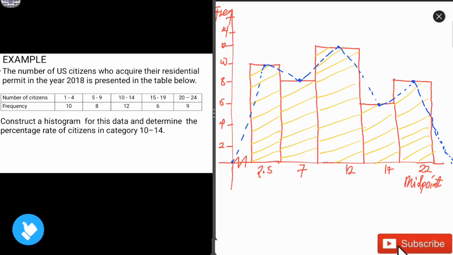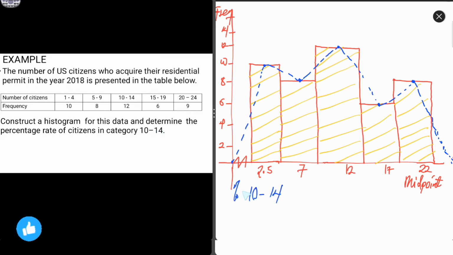But then we were asked to find the percentage of the category in the class interval, or class limit, 10 to 14. So to find the percentage for 10 to 14, it's a matter of taking the frequency, which is 12, and then dividing by the total frequency.